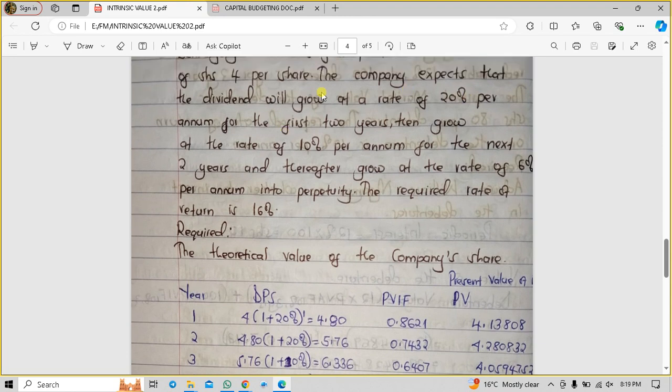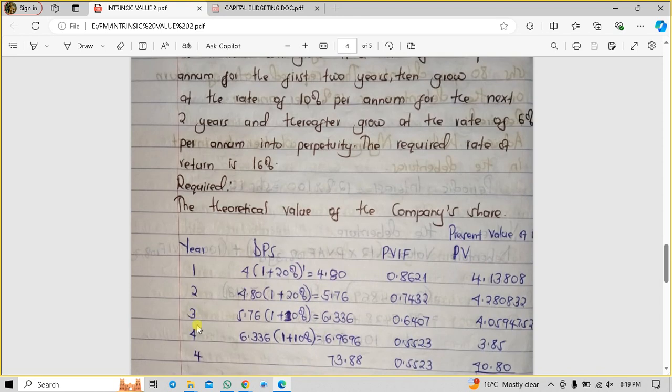We have year 1 and year 2 at 20%, then 10% for year 3 and year 4, and then the indefinite period.